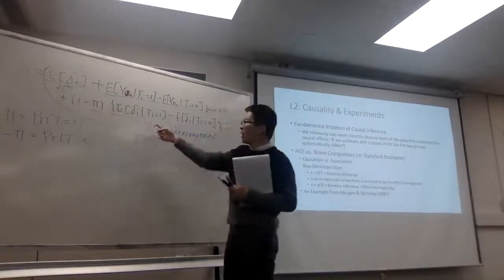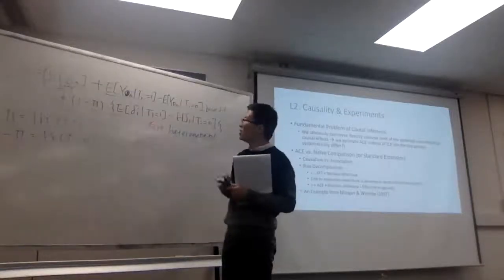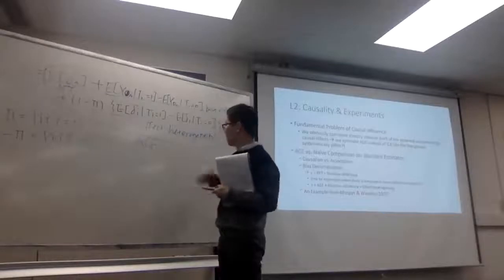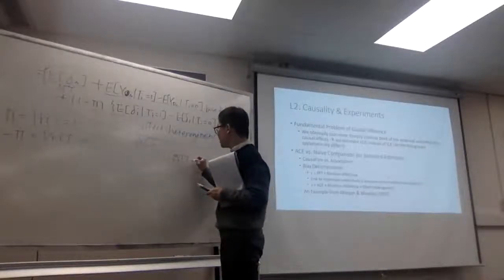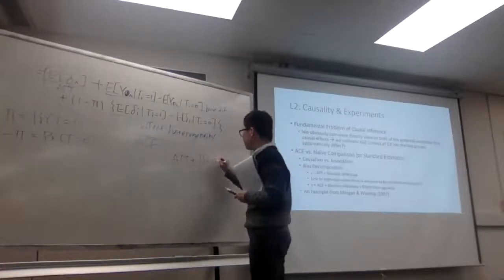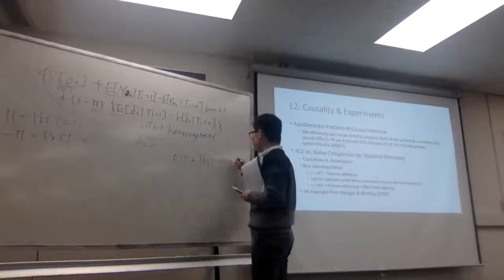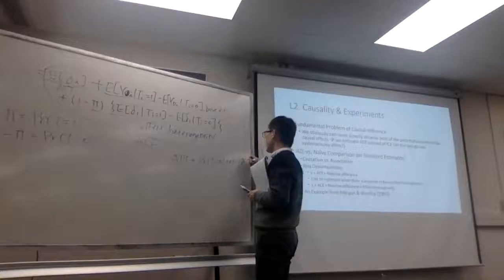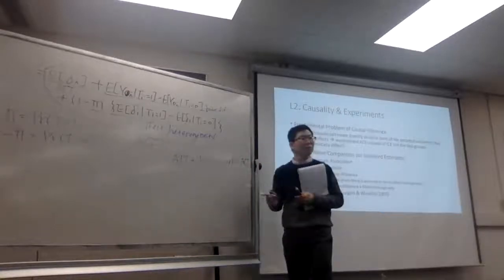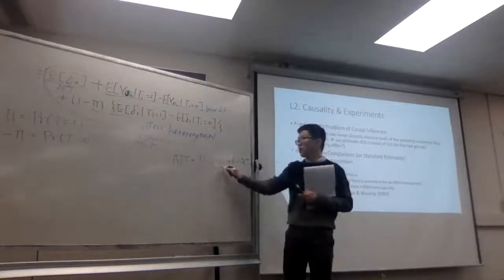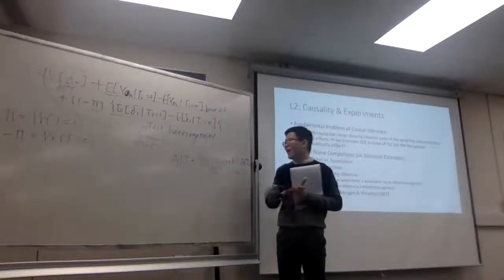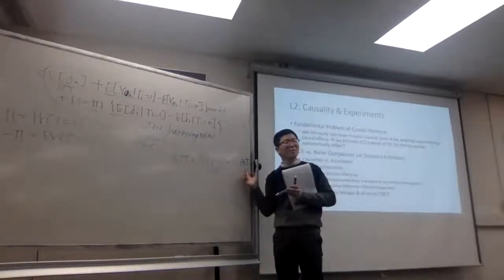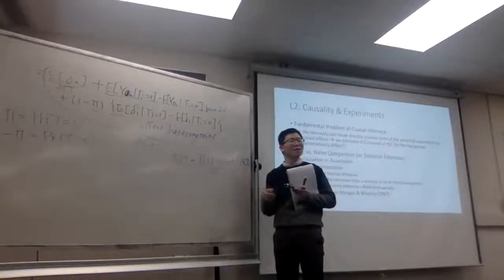Basically, when the probability of not being treated is zero, ATT is exactly the same as ACE, because everybody got treated.